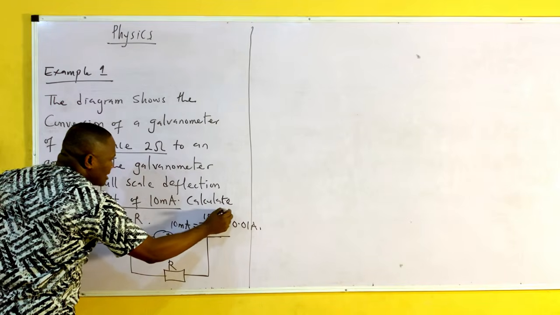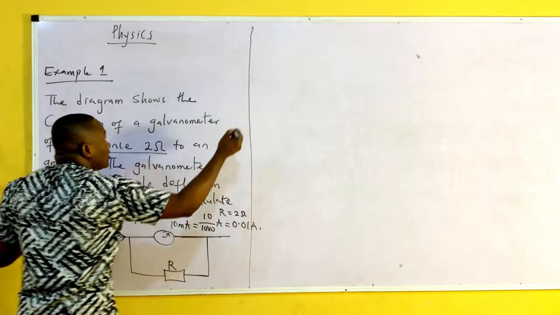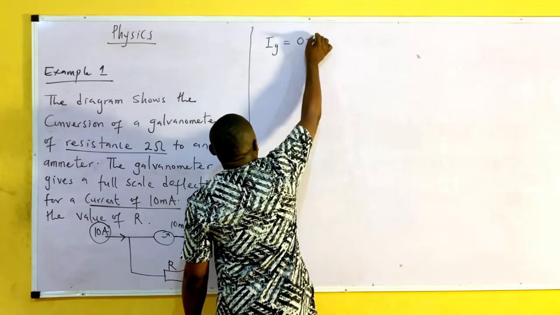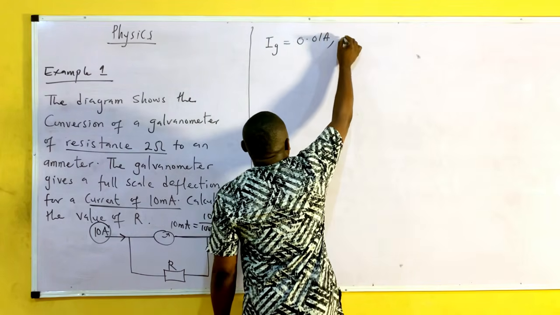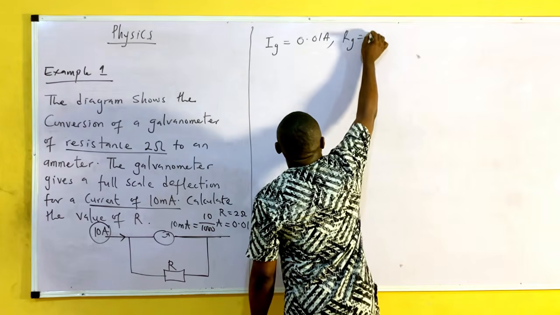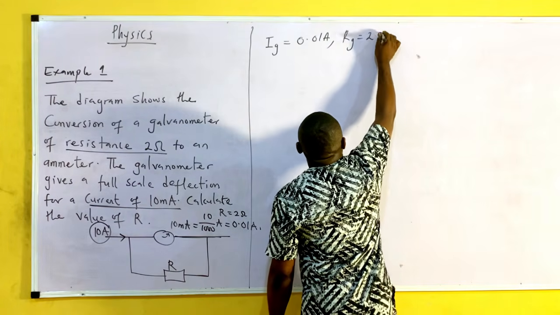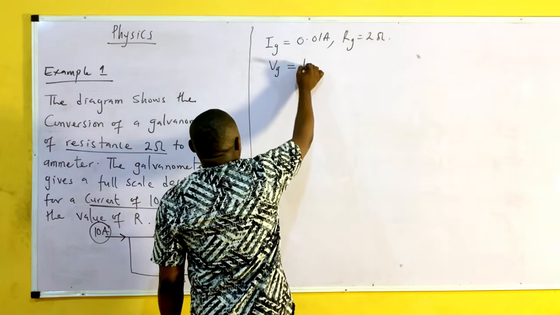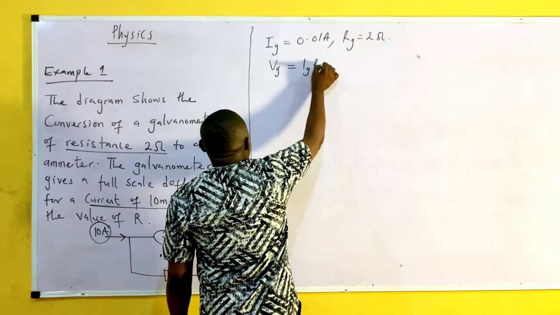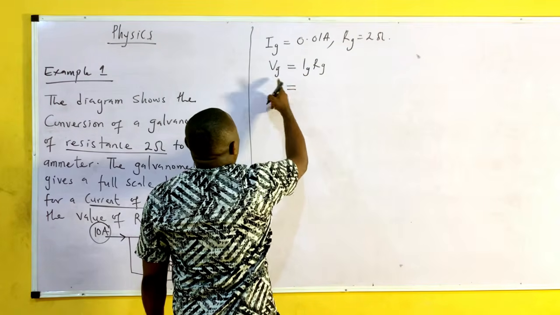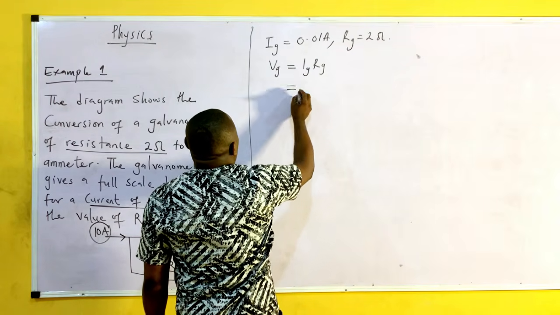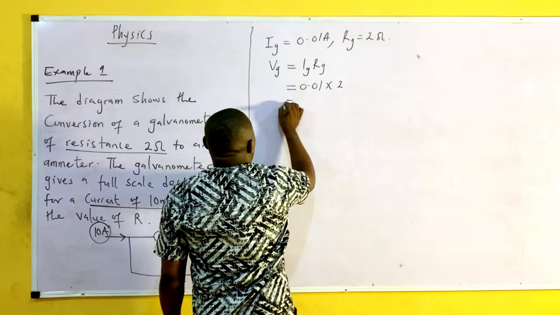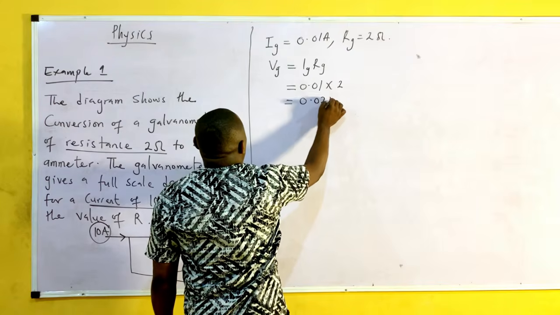So I know the current of the galvanometer is 0.01 ampere and the resistance of the galvanometer is 2 ohms, so I can find the voltage of the galvanometer. V equals Ig times RG. So VG, the voltage of the galvanometer, equals 0.01 times 2. My answer here becomes 0.02 volts.